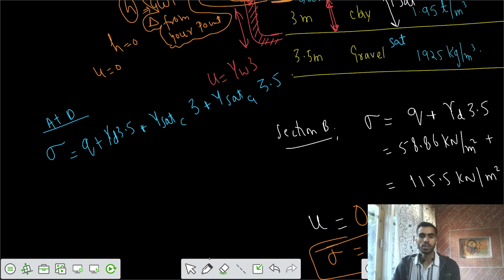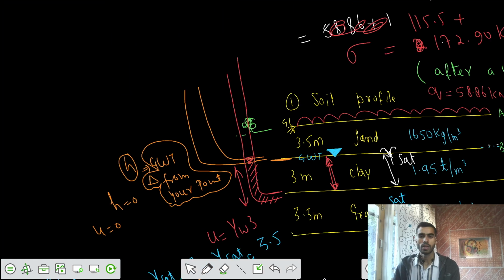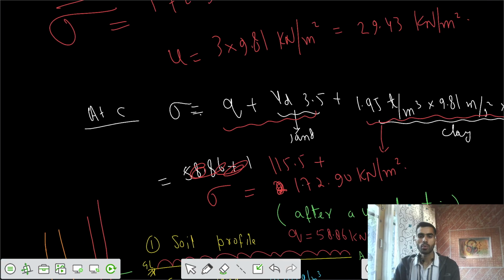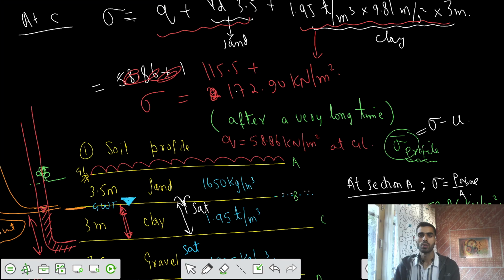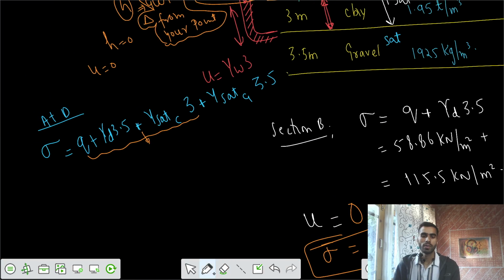The first three terms we have already calculated. That was the total stress at the point C, 172.90. So 172.90 plus the gamma sat of that third one.